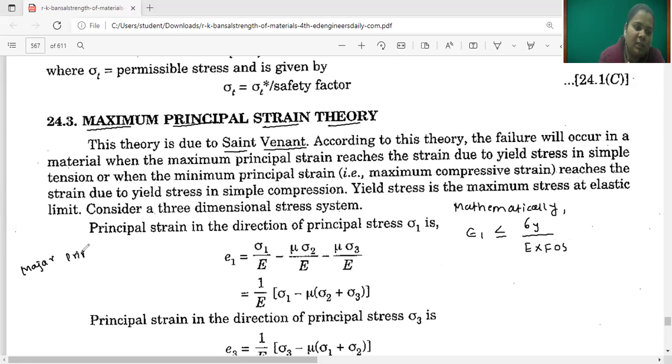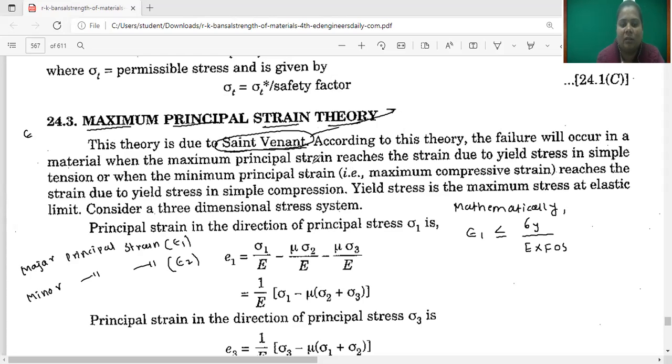Strain is denoted by epsilon and major is 1, so epsilon 1, and minor principal strain will be denoted by epsilon 2. This theory was developed by the scientist Saint Venant. Please remember this. One MCQ will definitely be asked.